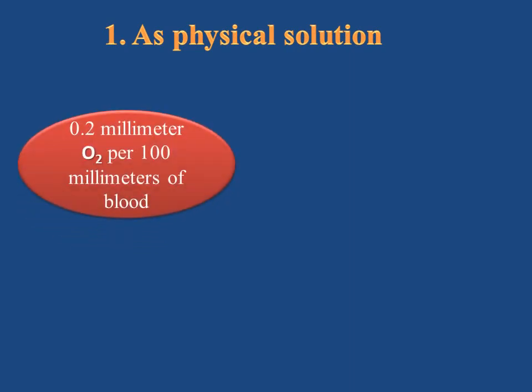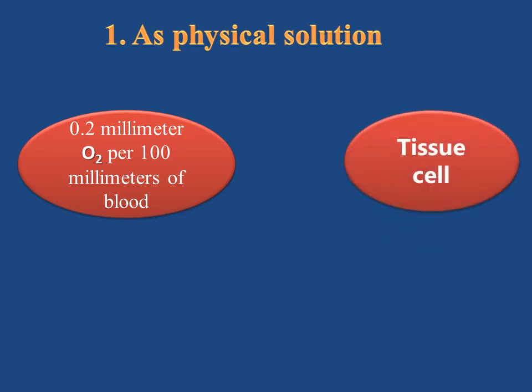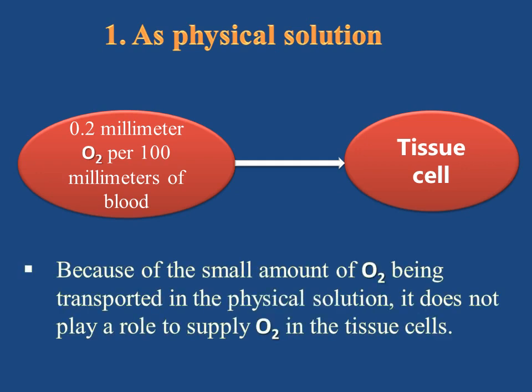A very small amount of oxygen dissolves in the liquid of plasma and enters into the tissue cell for cellular respiration. By this process, a very small amount of oxygen is transported. That's why it does not play a role in supplying oxygen to the tissue cells.